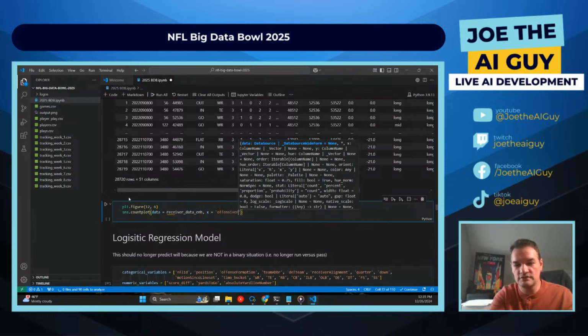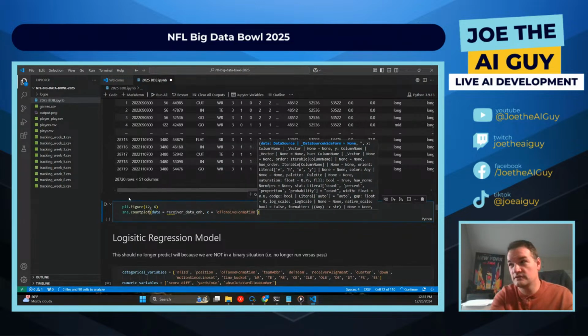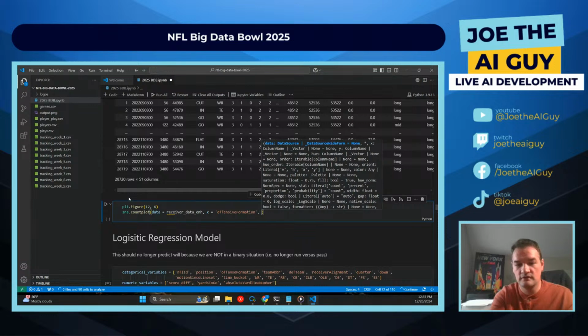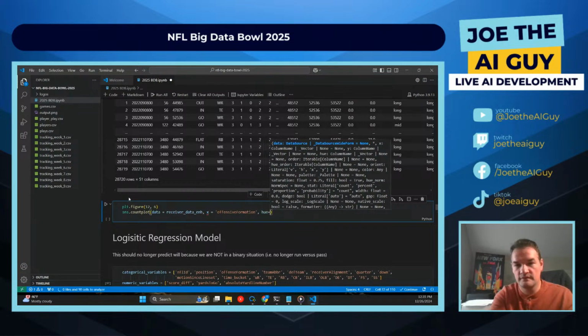Let's just look at the formations versus the routes ran, basically.